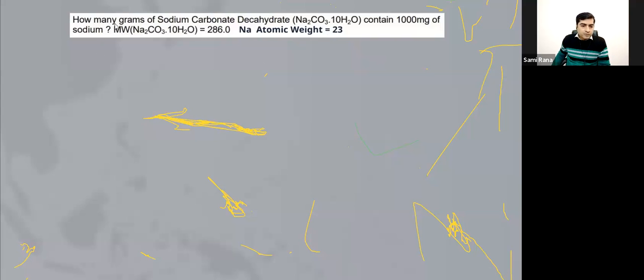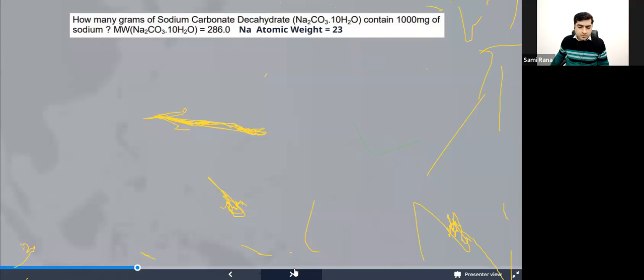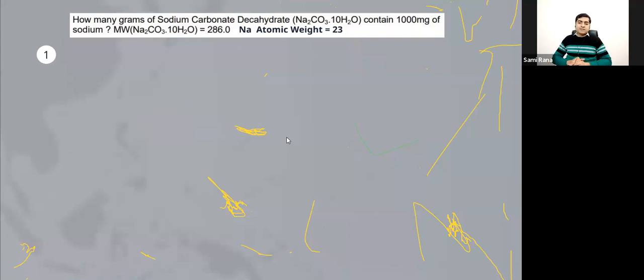So from this question, you should know that we need to go into the mole or millimole type of procedure of solving the question. So first step here, what have they given us? They are asking us about 1000 mg of sodium, and on the other hand they are talking about grams of this substance.